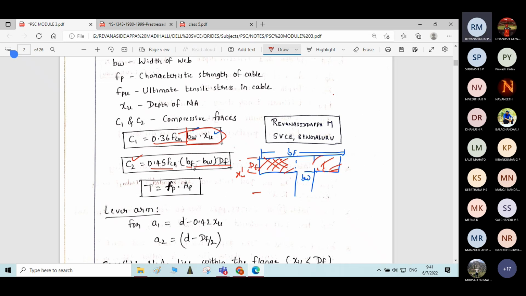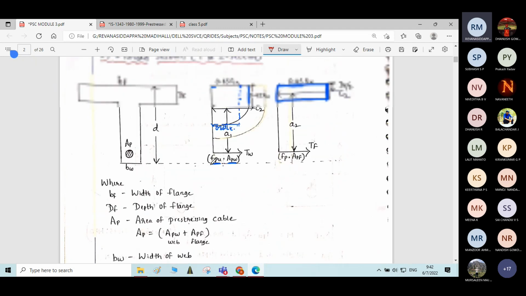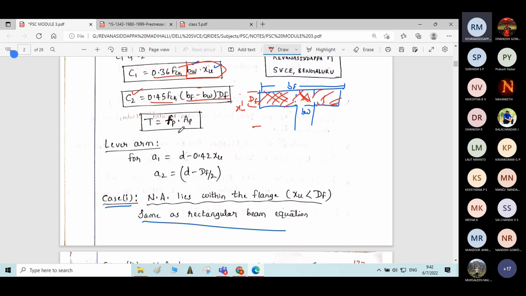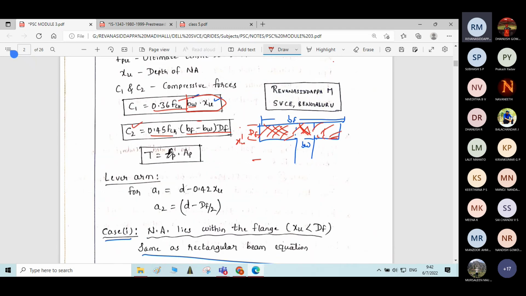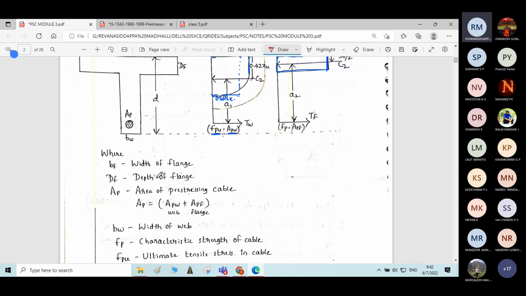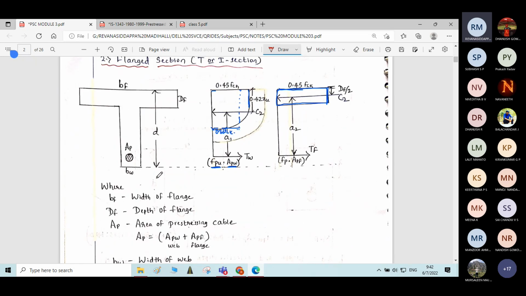When the depth of neutral axis lies within the flange, we will find the area corresponding to flange leaving this web portion, and multiplying by depth of flange will give area, multiplied by 0.45 FCK stress. Stress multiplied by area will give compressive force and tensile force will be the same. To maintain the equilibrium, tensile force T will be equal to compressive force.